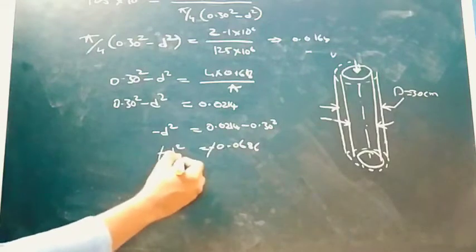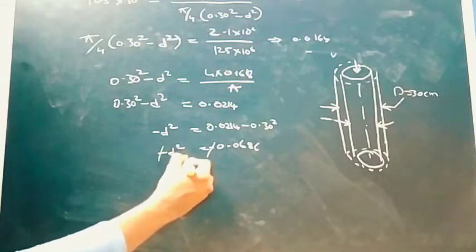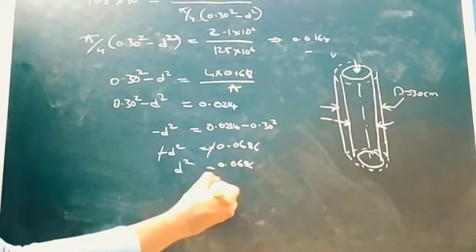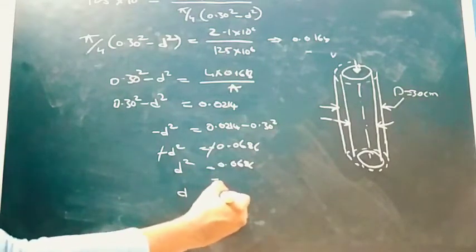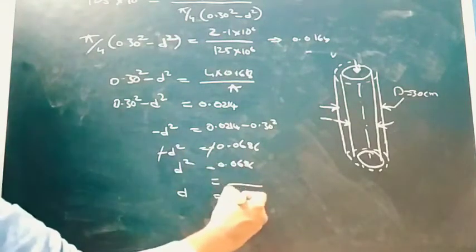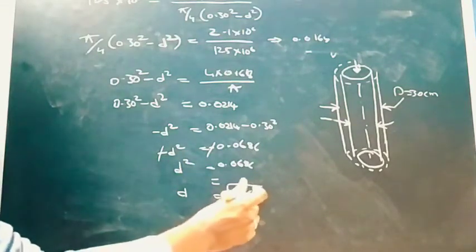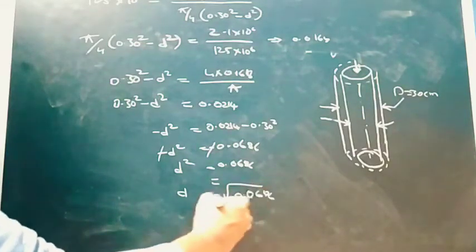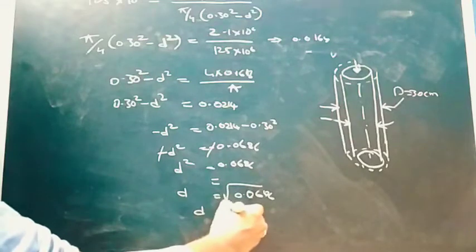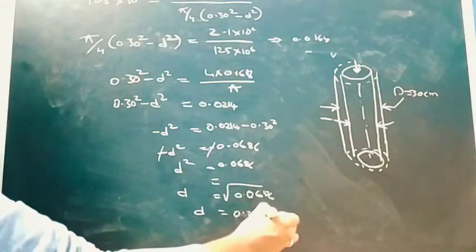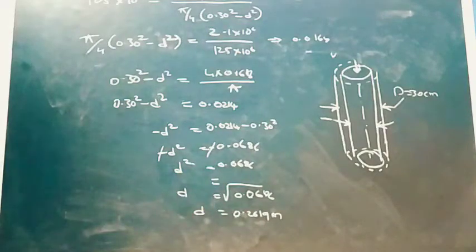The minus gets cancelled, so d square equals 0.0686. From here d equals the square root of 0.0686. We got d equals 0.2619 meters.